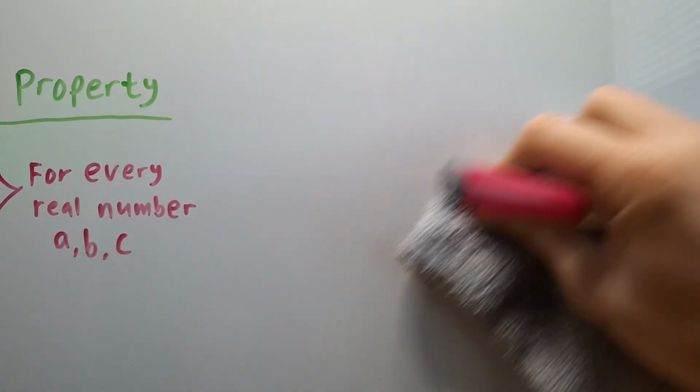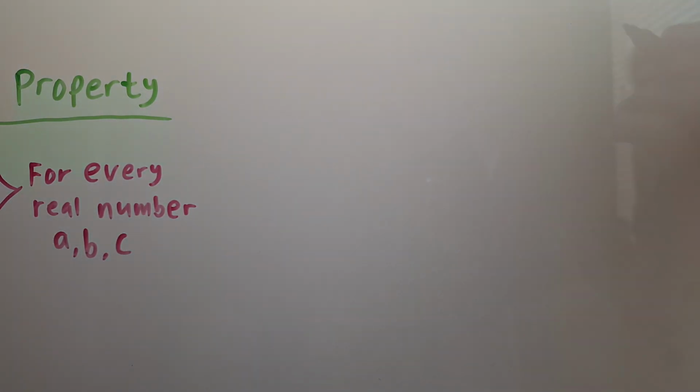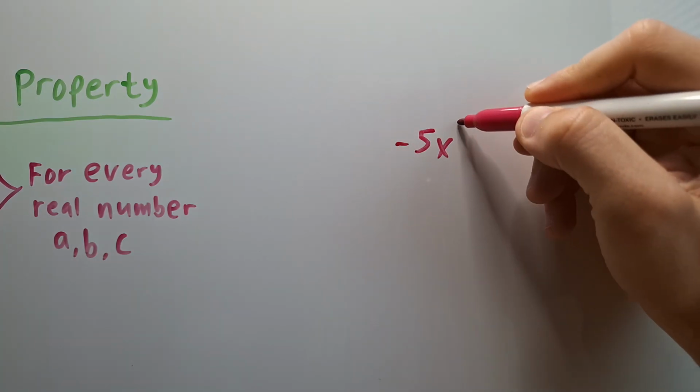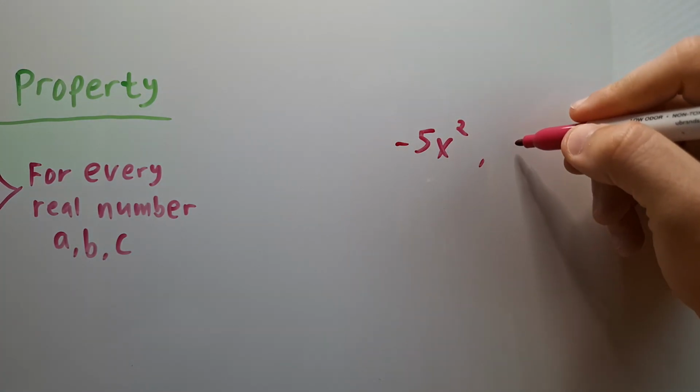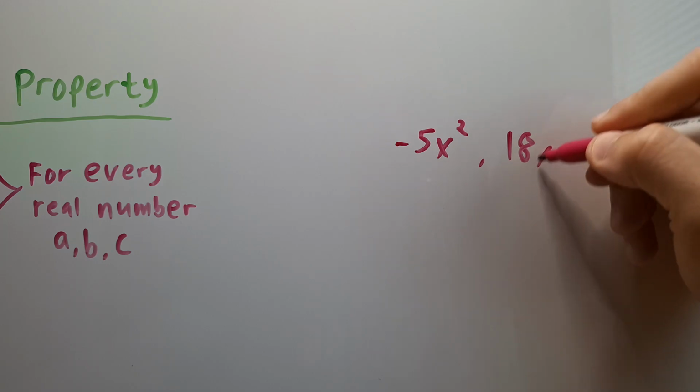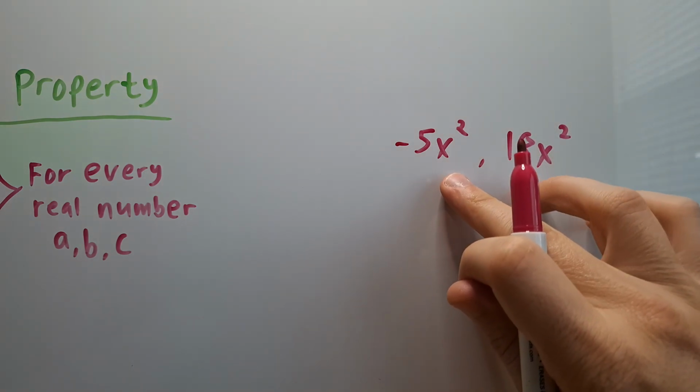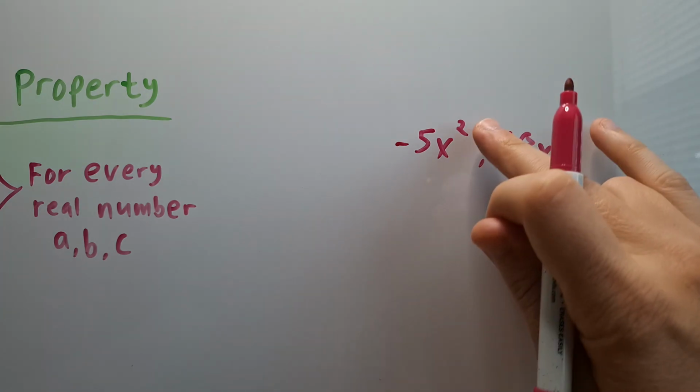So what would be examples of other like terms? -5x squared and 18x squared, because both of these terms share that same x squared variable.